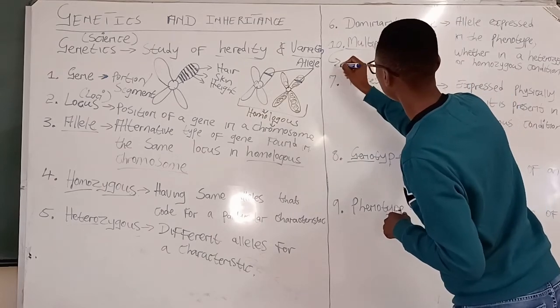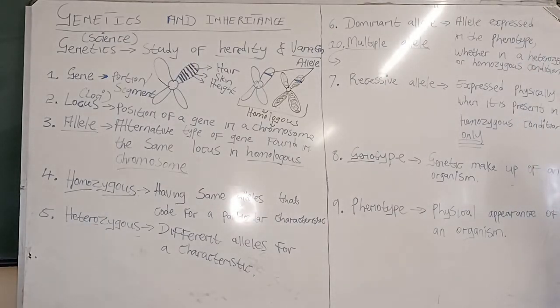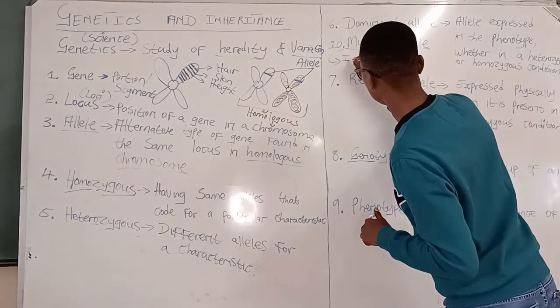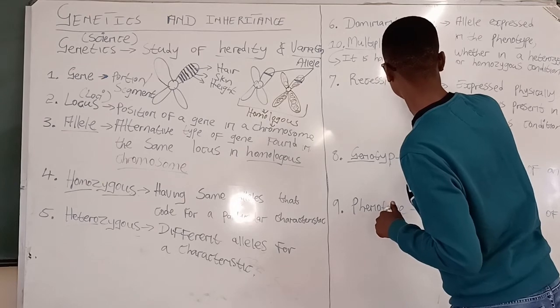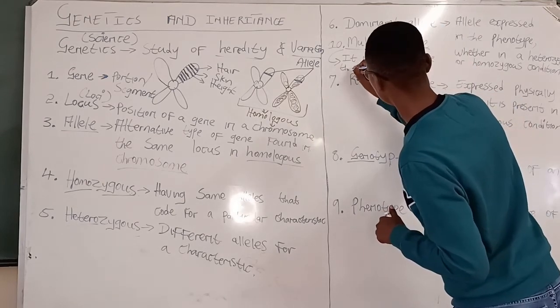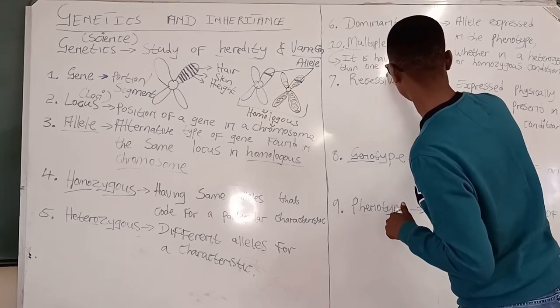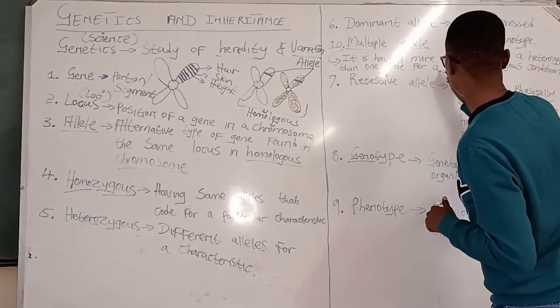So multiple allele, you can see multiple, it means that there are more than 2. So multiple allele is having more than one allele for a characteristic.